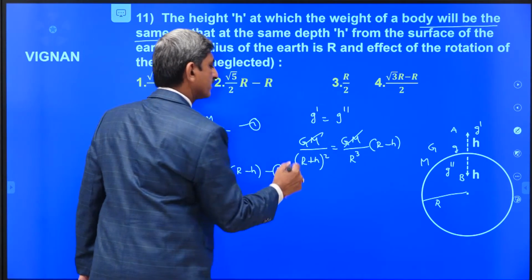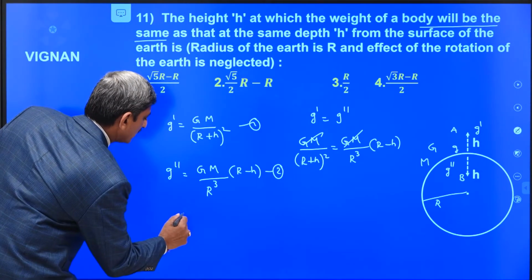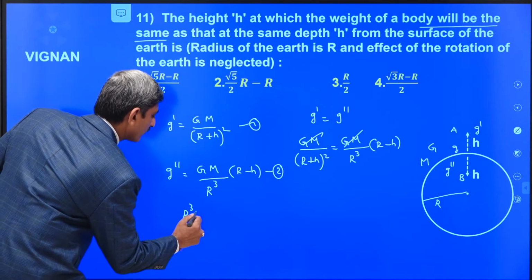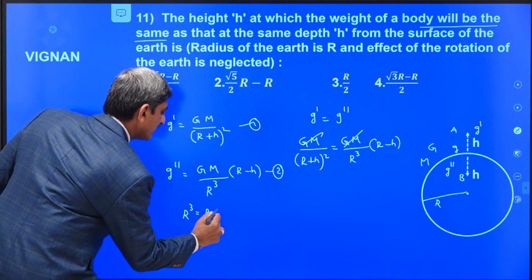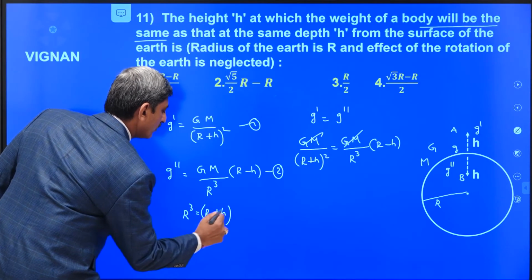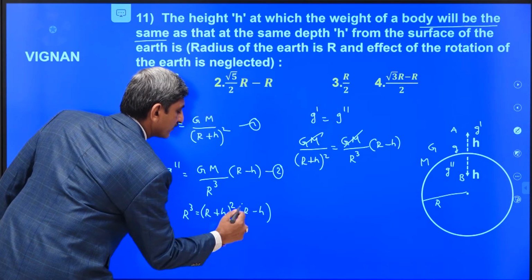So here GM cancels, and by making the cross multiplication, we have r cube is equal to (r plus h) whole square into (r minus h).